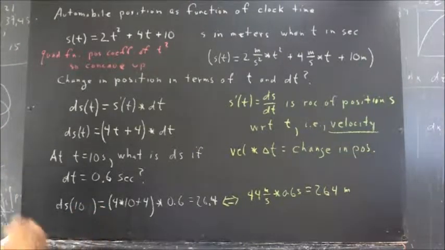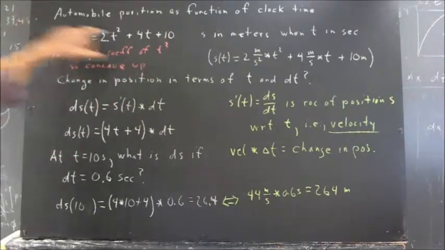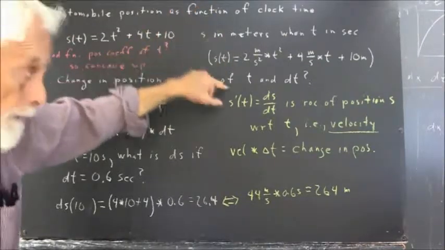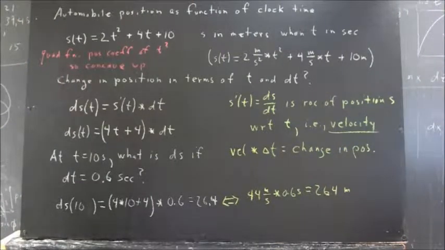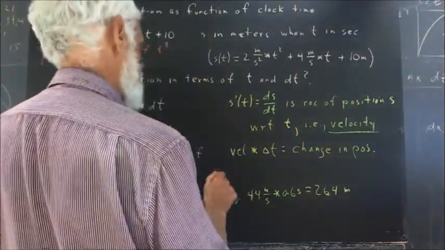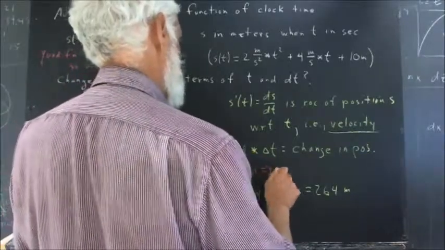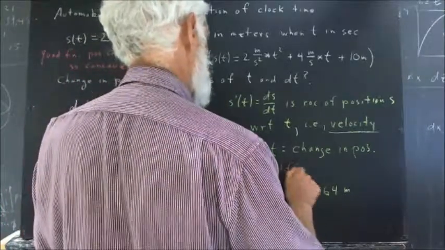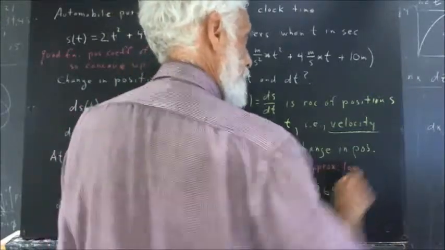And, as in the previous example, that means that our differential approximation, 26.4 meters, is a little bit low. So concave up implies the differential approximation is low.